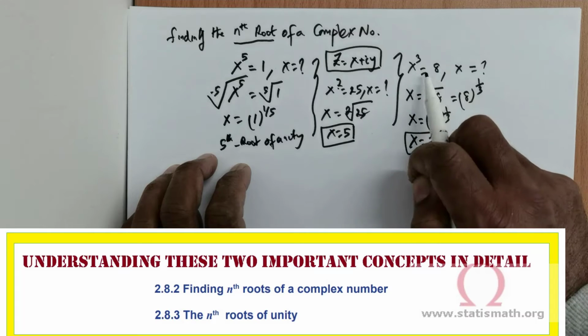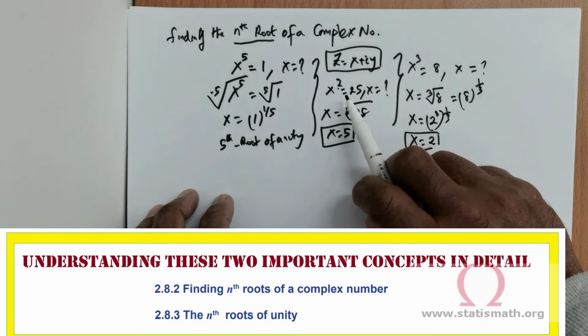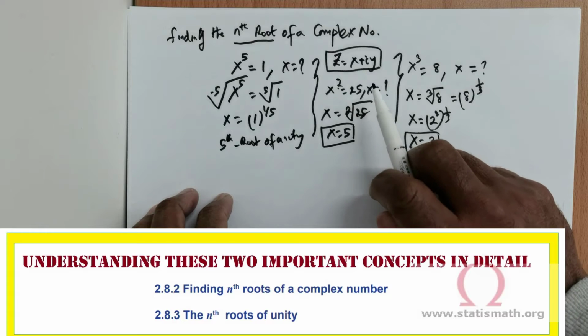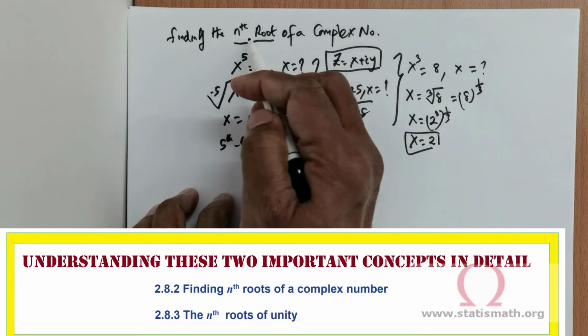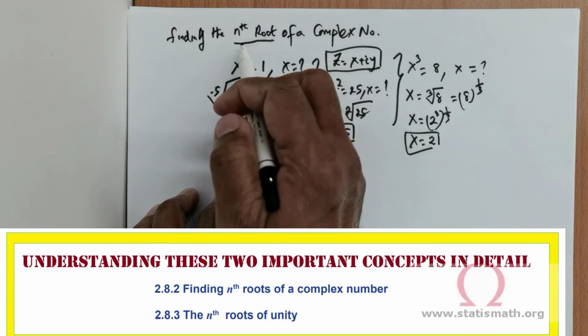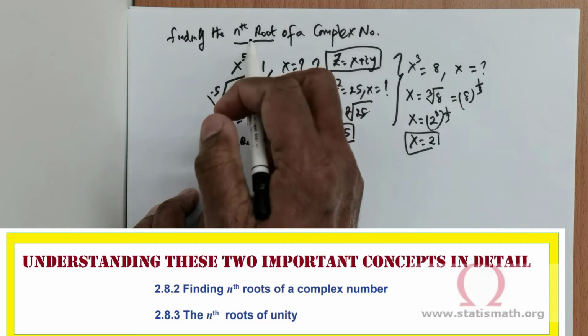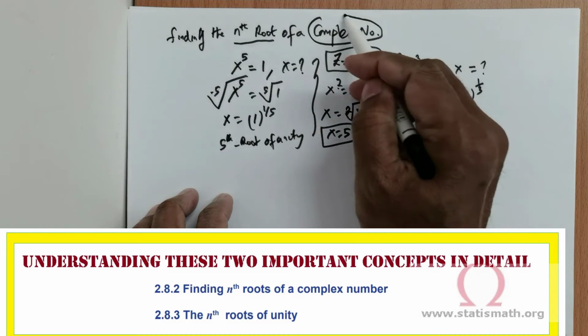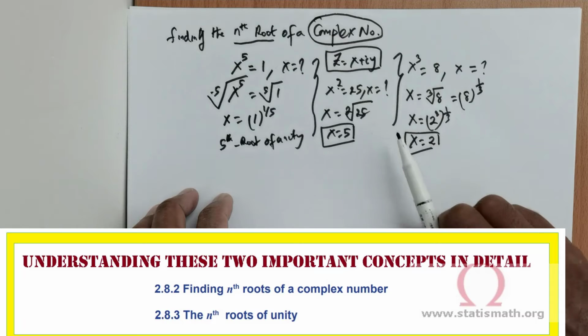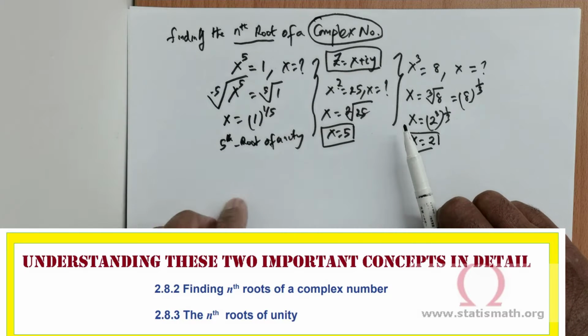So this is the third root of the number 8, and this is the second root of the number 25. Like that, we are asked to find, in general, any root for a given complex number. That's the reason I'm specifying it as the nth root of a complex number.